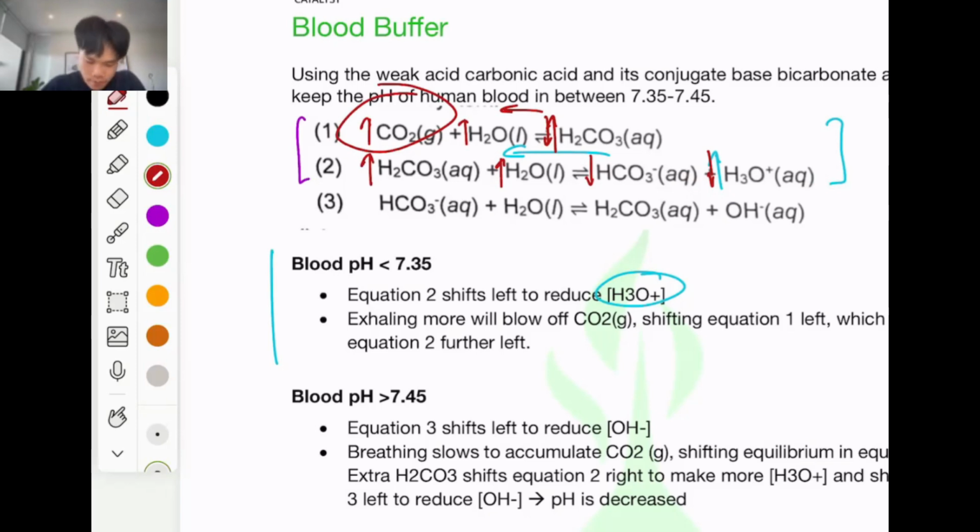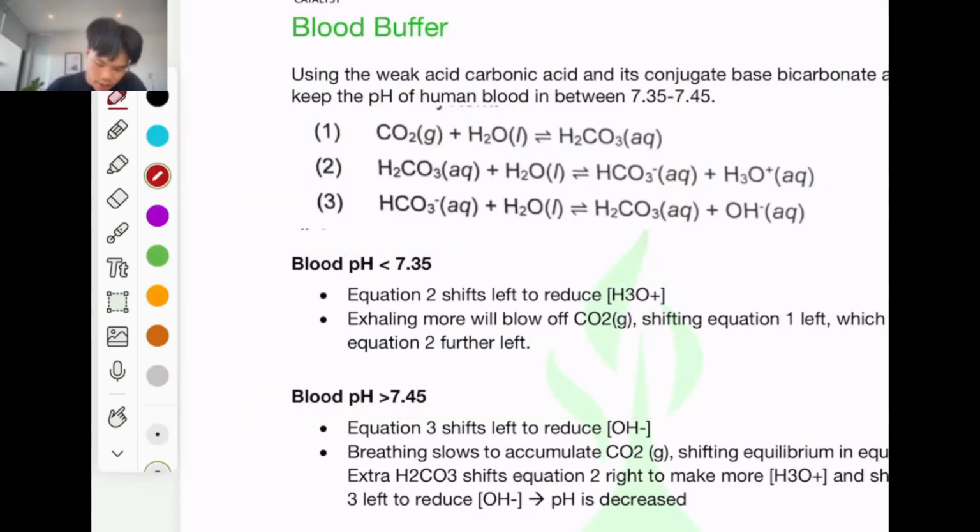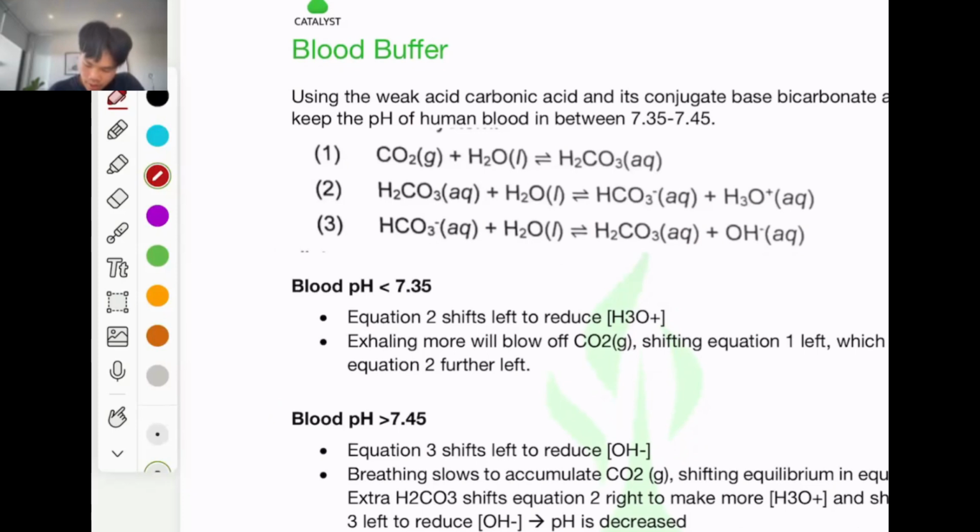Going the other way, if you're saying that instead you're now in a basic state where you have 7.45 as your pH, you can pick equation 3 to talk this through. You could talk it through equation 2 as well, it doesn't really matter.